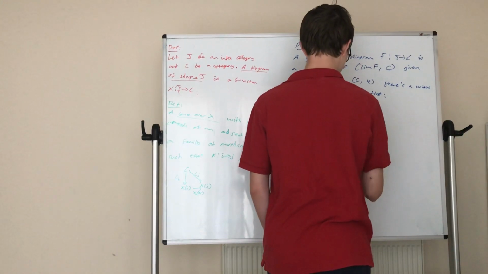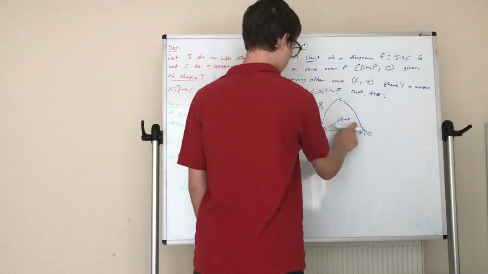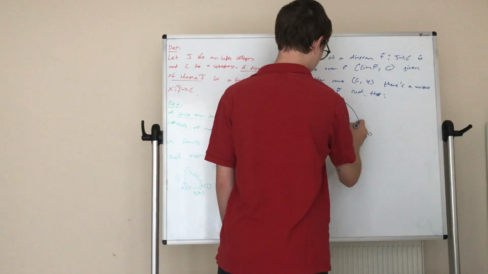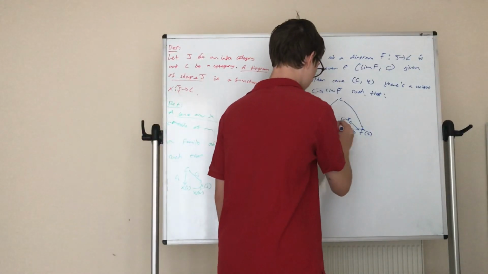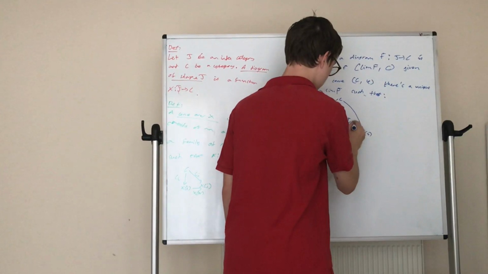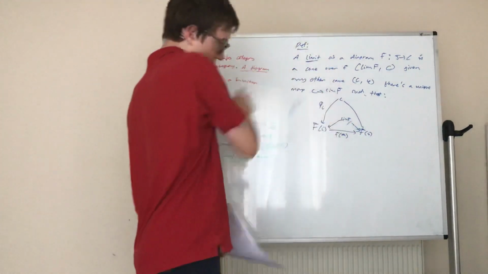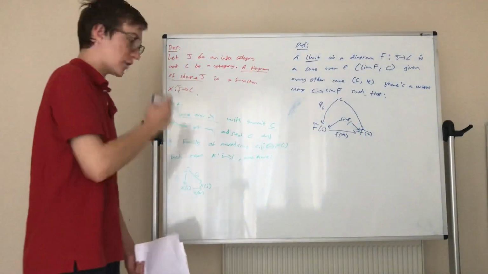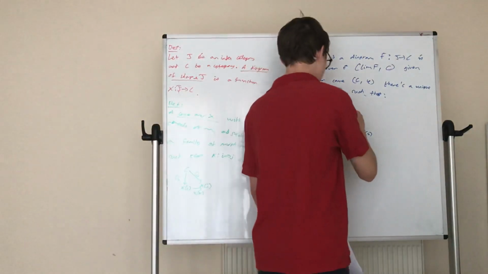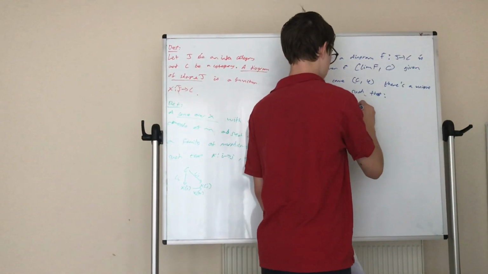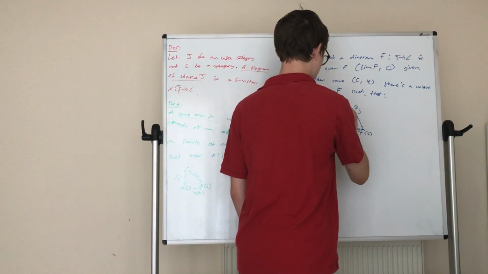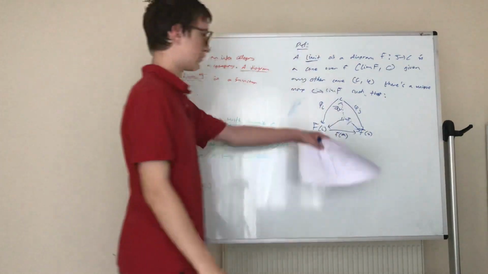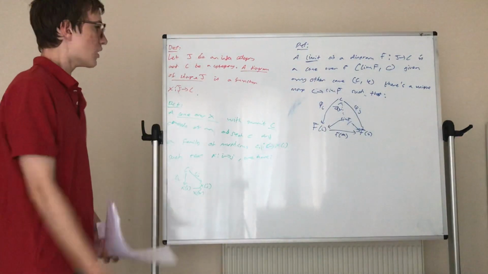And the universal property is that we have a unique map, let's call it mu, such that this diagram commutes.